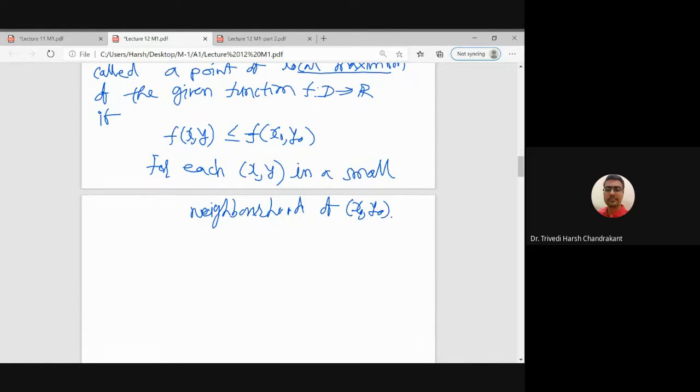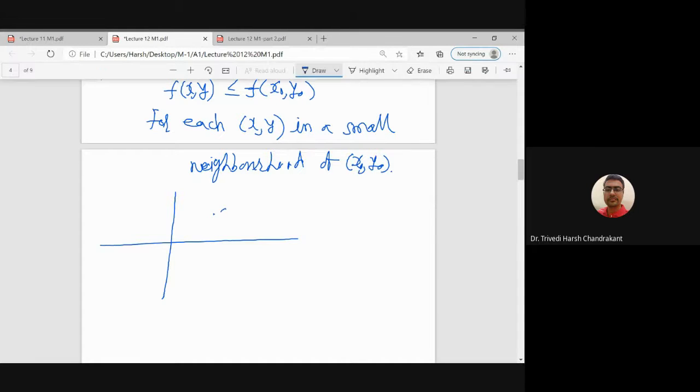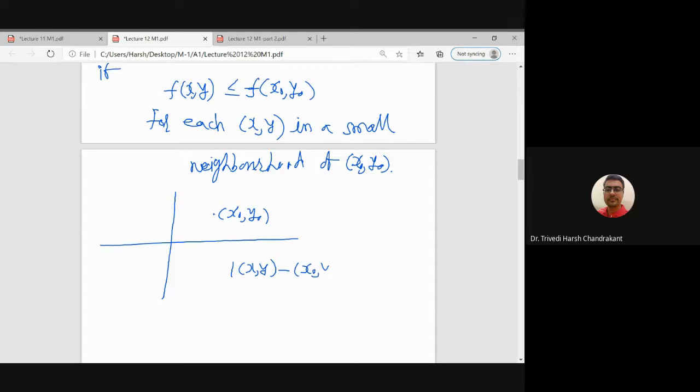So once again, what is the meaning of neighborhood in the XY plane? In the XY plane, the neighborhood means we have a point x naught, y naught and we have the condition that the distance of (x, y) from (x naught, y naught) is less than delta.